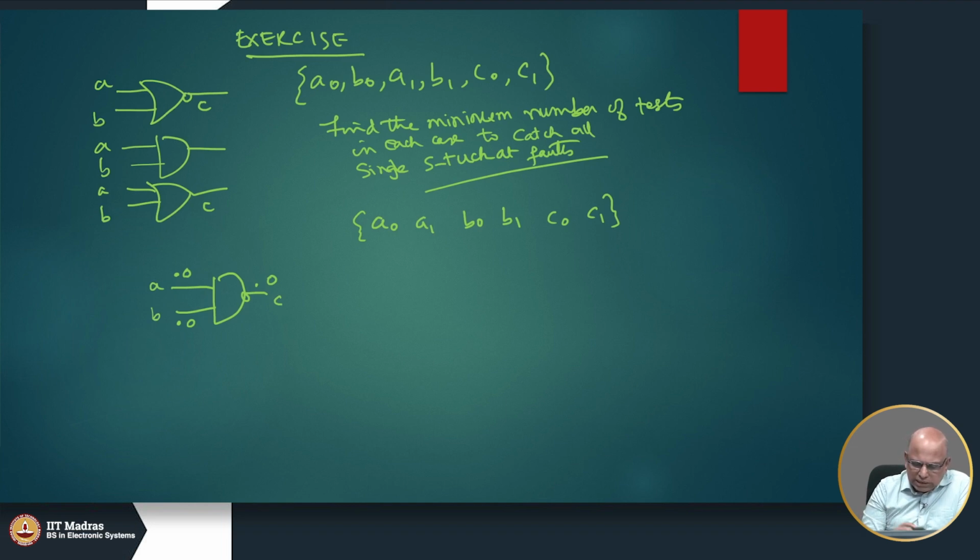Now, let us look at A0. That means this wire is stuck at 0, and as a result C becomes 1. So, if A is stuck at 0, C will become 1.